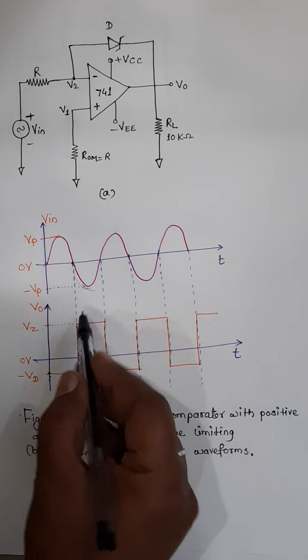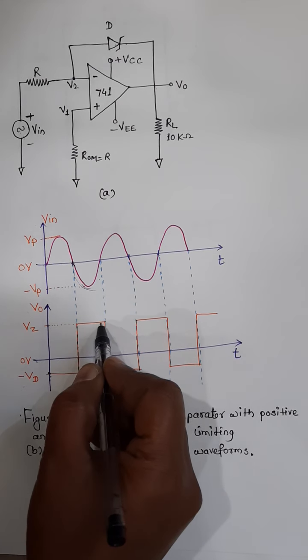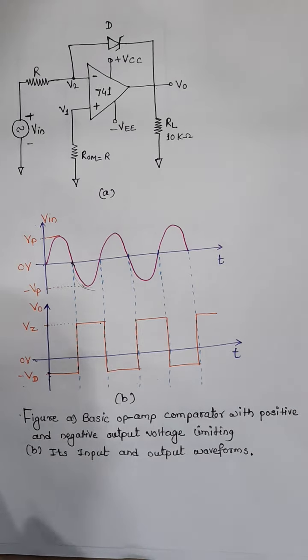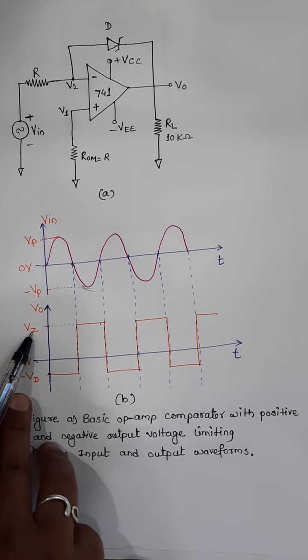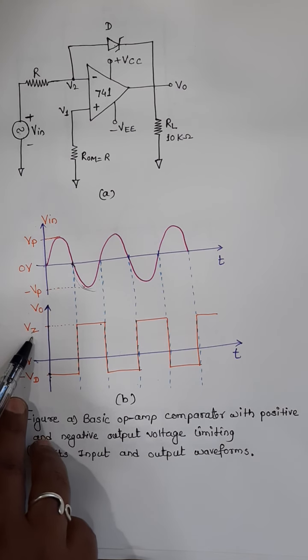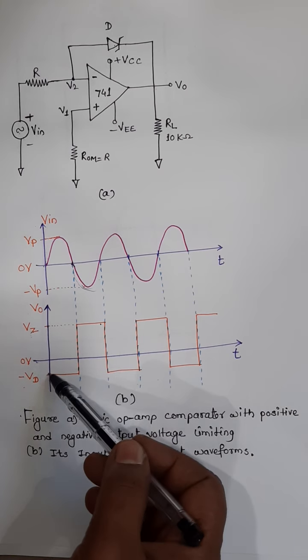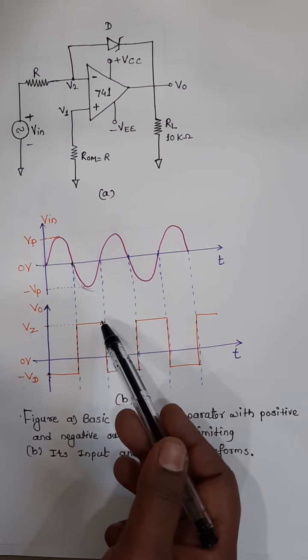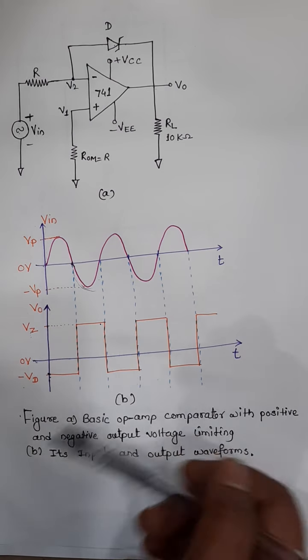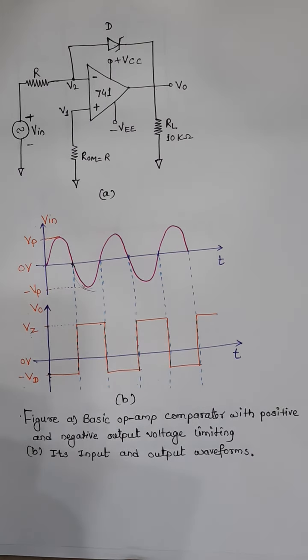So during the negative half cycle, output voltage is the voltage drop across the Zener diode, VZ. We have limited output in both directions, positive as well as negative. Okay, in this way this circuit will work.